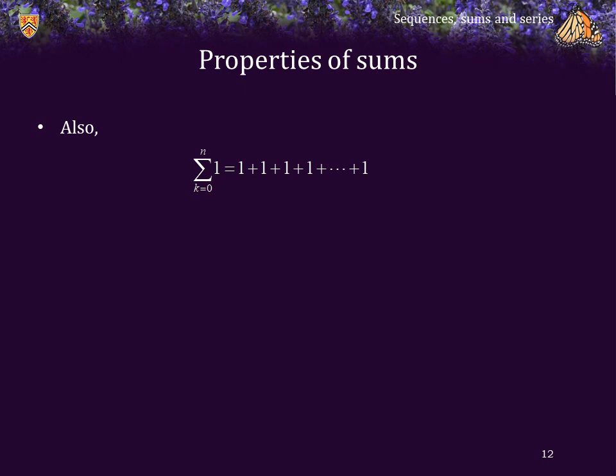Well, 1 added to itself n plus 1 times is just n plus 1. Note also, of course, that if we sum from k equals 1 to n, the sum of 1 going over that range is just equal to n. We're essentially excluding the term when k is equal to 0.